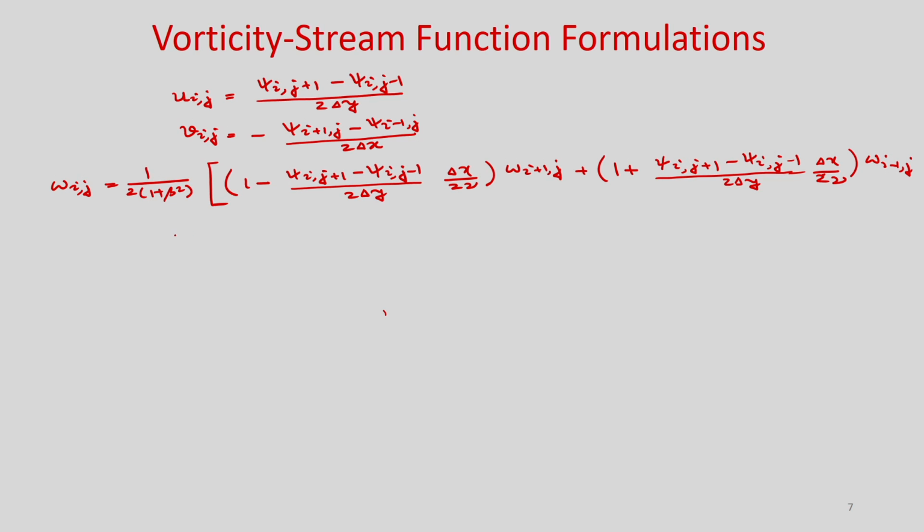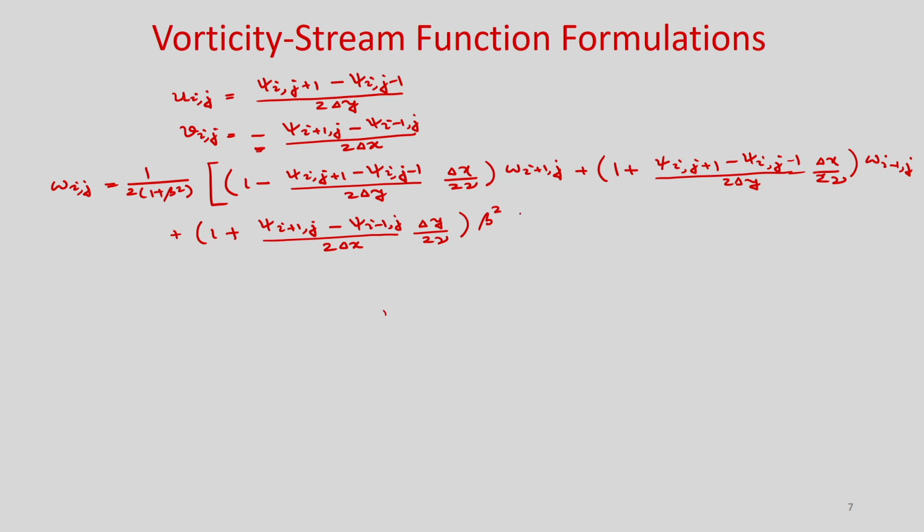Okay. Then the next term. So it was minus, but velocity v_ij has a negative sign, so this minus minus will become plus. Okay. So (ψ_{i+1,j} minus ψ_{i-1,j}) divided by 2Δx, Δy by twice ν.